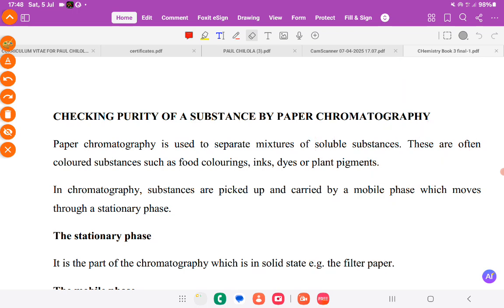So how can you show that a given colored substance contains several colored substances mixed together? In chromatography, substances are picked up and carried by a mobile phase, which moves through a stationary phase.